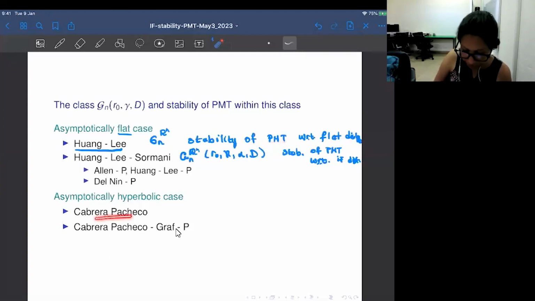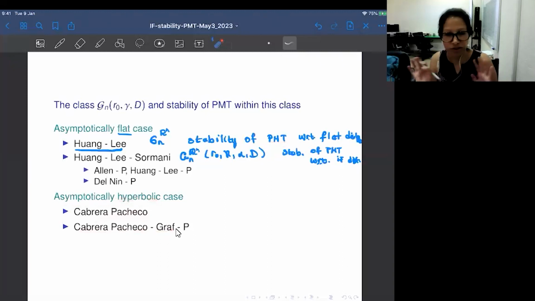So that's what Cabrera Pacheco did. And then Cabrera Pacheco, Graf, and myself studied the stability of the positive mass theorem for asymptotically hyperbolic manifolds with respect to the intrinsic flat distance. So this is just the historical remarks, how this class comes into place.